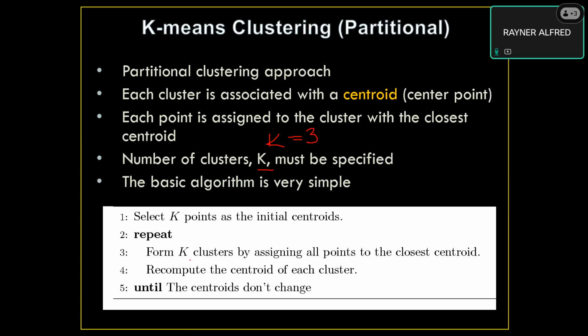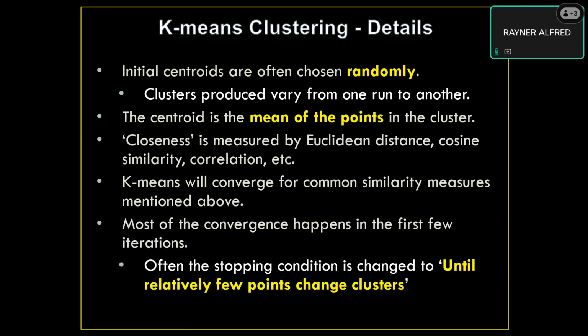So from the k centers, we will assign the remaining of the dataset to the nearest center. Okay, once we have grouped them, we recompute the centroid of each cluster, because once you group them, you will have a different center already, depending on the average of the values in that same cluster. We repeat until there are no changes of centroid position.